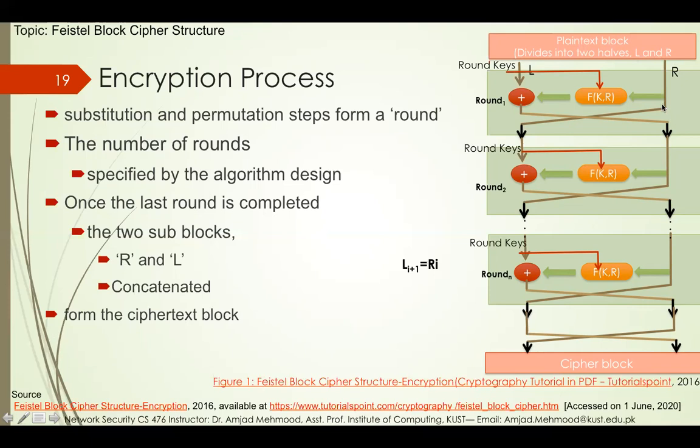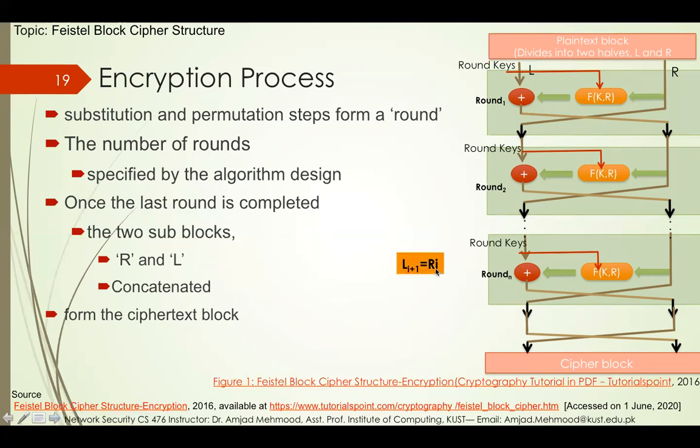After each block performs the process of substitution and permutation, and passes through n rounds, you reach the end of this process and get different blocks, one at the left, one at the right. So we can concatenate these two to get the block cipher at the end.